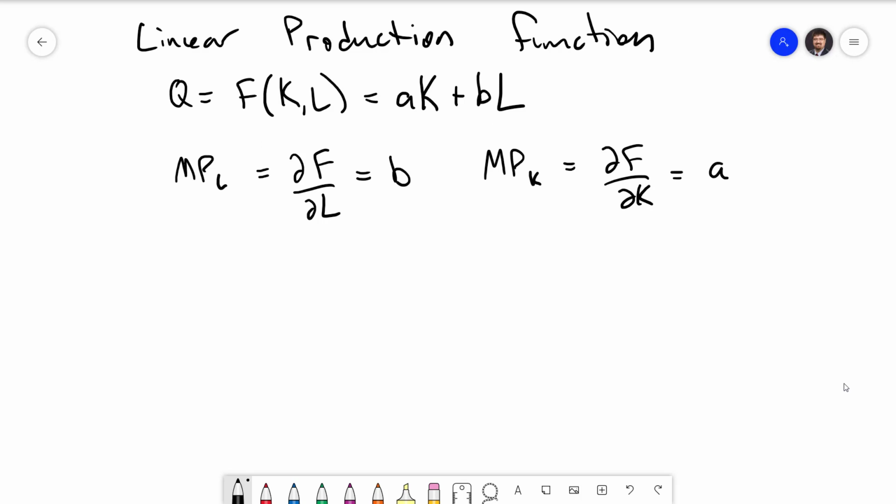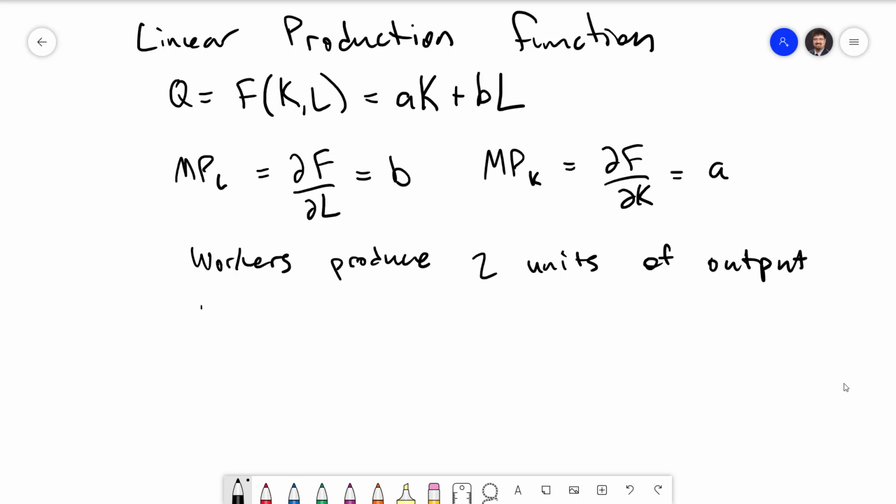Let's consider an example of a factory that can employ workers, that's our labor, who can each produce 2 units of output, and robots, that's our capital, which produce 3 units of output.